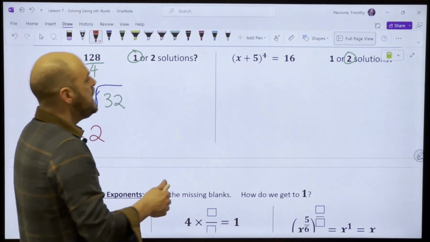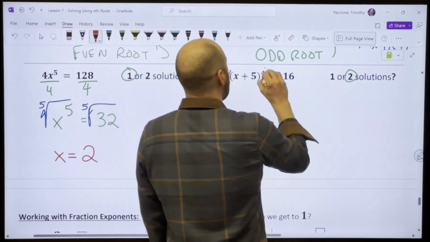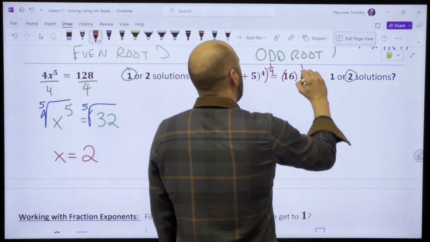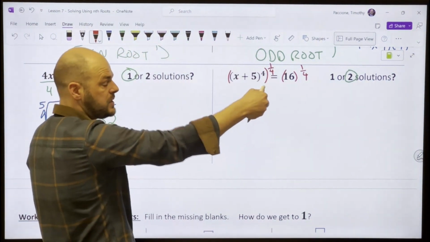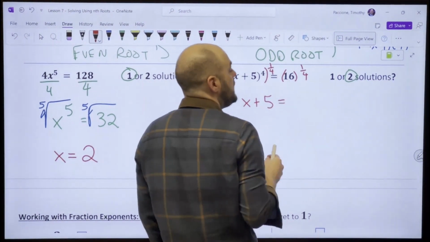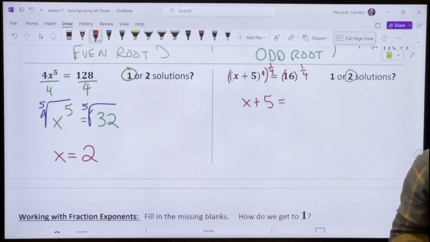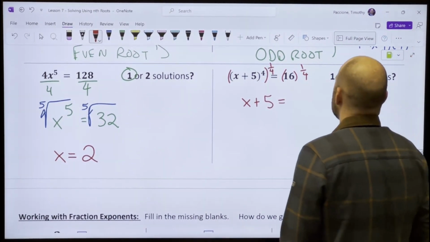Here, well, it's already isolated, so I just take it to the 1/4. And that 4 to the 1/4 becomes 1, right? You see that? And I just get x plus 5 equals, and then I take the 4th root of 16, which is, what times itself 4 times gives you 16?